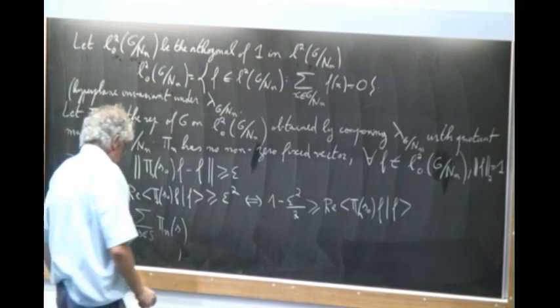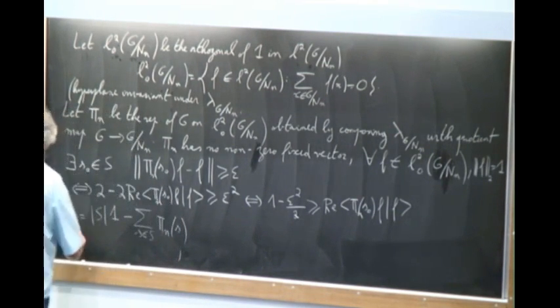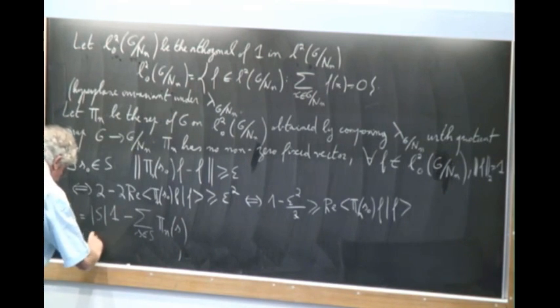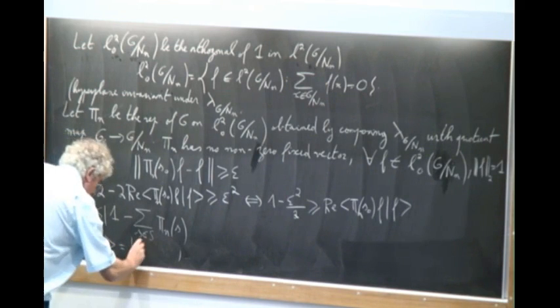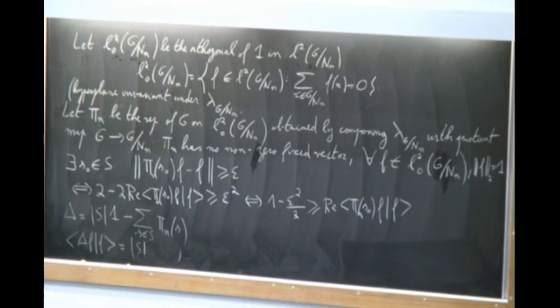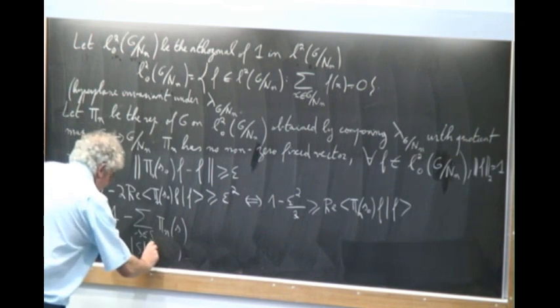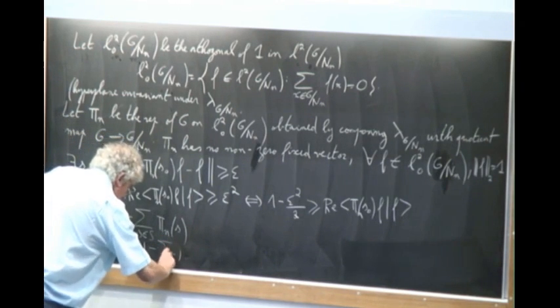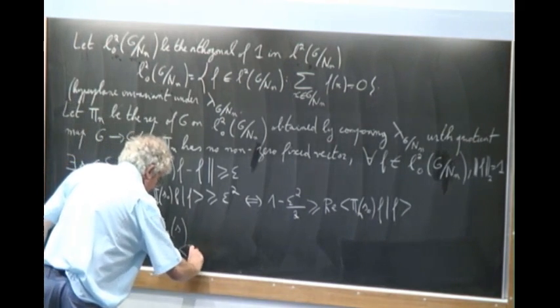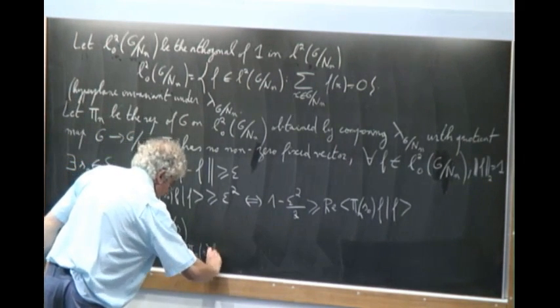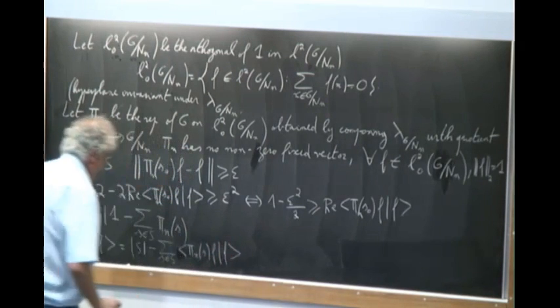And now, let me apply this to this function f, which is of norm 1. So here I will have the cardinality of S minus the sum over generators of the scalar product of pi n s f with f.